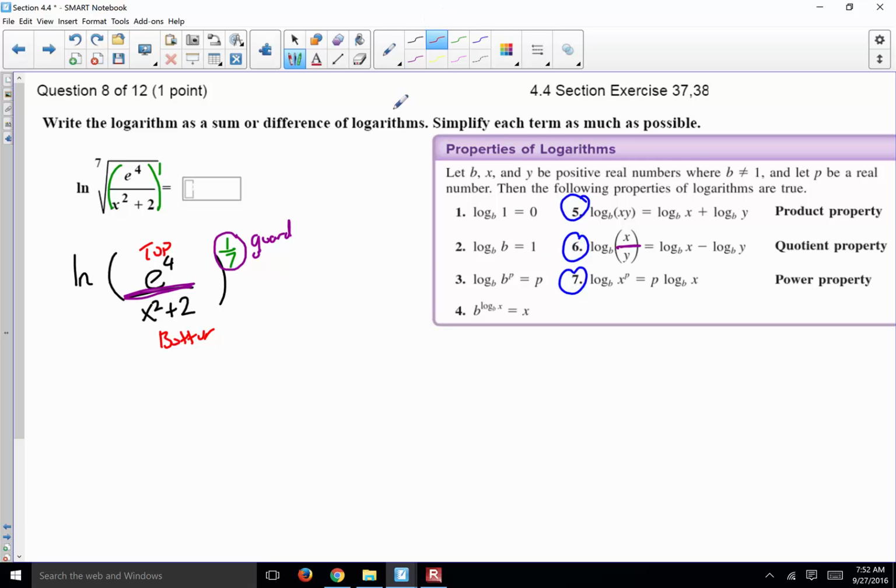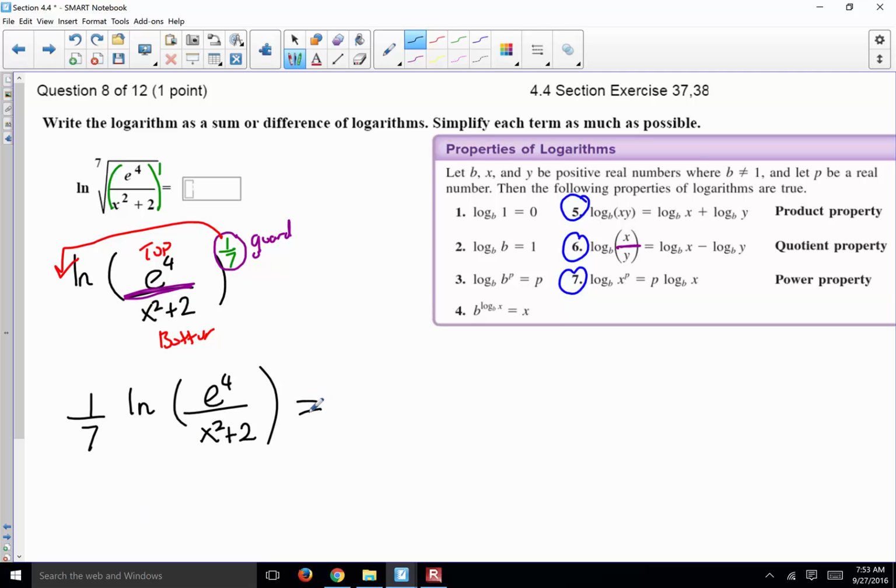Number 7 says if you have a power, you can pull it all the way in front. So it's 1/7 ln of e to the 4th over x squared plus 2. Okay?